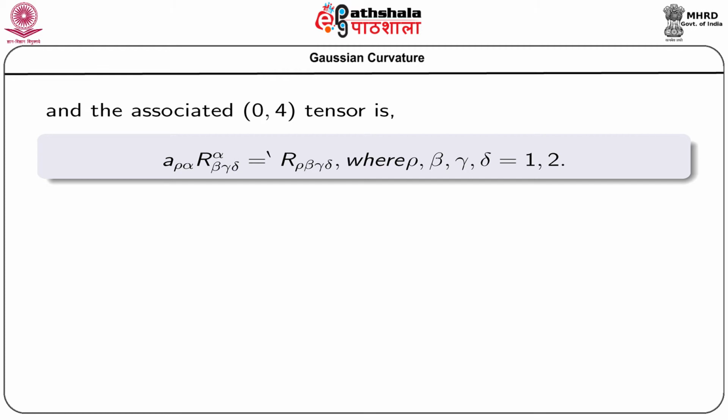So, a rho alpha R alpha beta gamma delta is equal to R dash rho beta gamma delta. So, it is a 0 4 tensor, and rho, beta, gamma, delta all vary from 1 to 2.